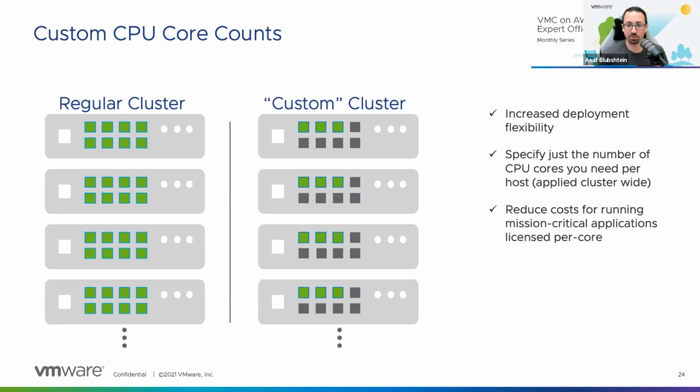At first it sounds like, why do I want to have fewer cores? But for certain applications that require licensing based on the number of physical cores that you have, and a lot of times they require licensing the entire cluster, not just the virtual machine itself, then this will really help you to save on licensing costs, to really have a separate cluster, for example, of 3 hosts with custom core counts that will be dedicated to that specific application, and maybe some of its supporting VMs as well.